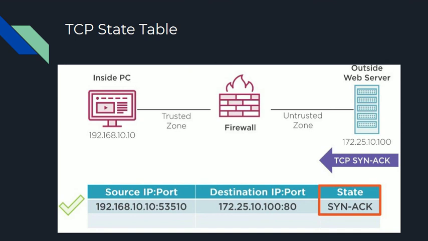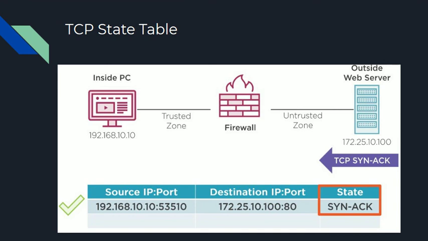So when the SYN-ACK comes in from the untrusted zone, by default the firewall is going to block all traffic originating from the outside. However, we want to get this TCP SYN-ACK back into our inside network.